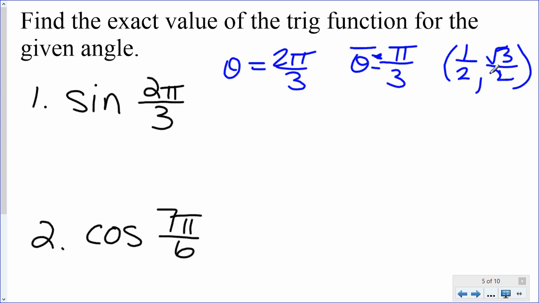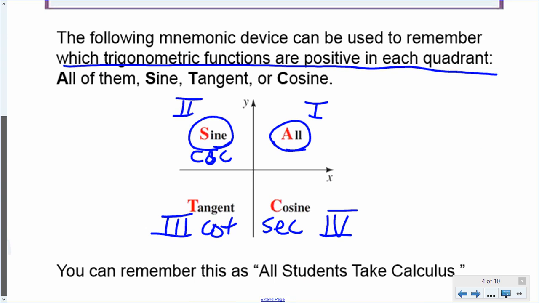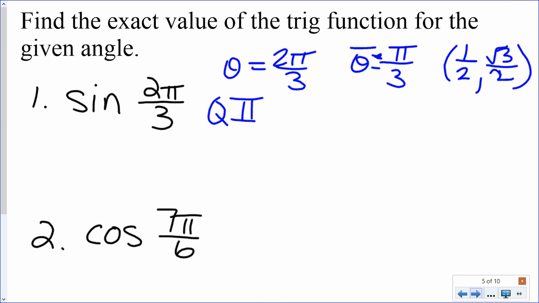All right, then think about which quadrant theta is in. 2 pi over 3 is in quadrant 2. In quadrant 2, sine is positive, or you can just think about plotting points. If I plot this point, then x is negative, y is positive.